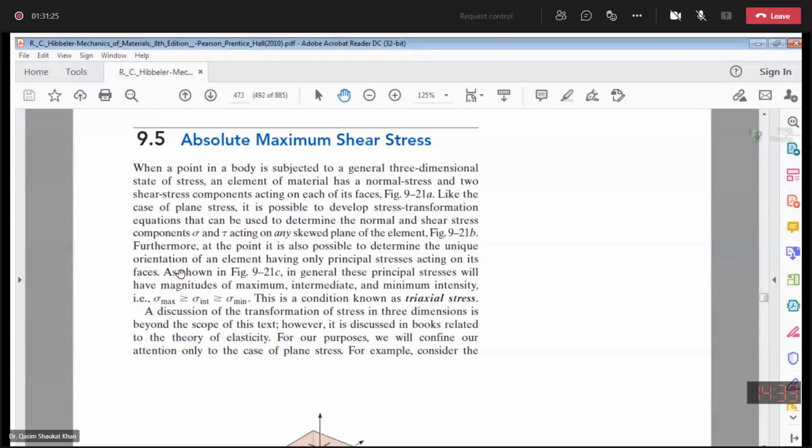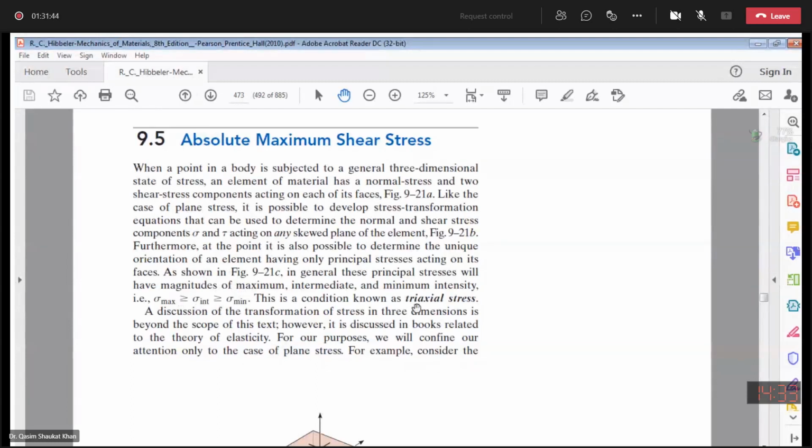Okay? In general, in case of a triaxial or general state of stress, you have sigma maximum, or you can say the major principal stress, the minor principal stress, and also the intermediate principal stress.